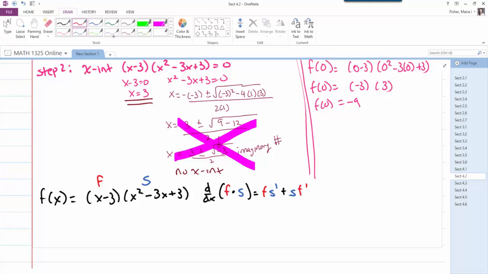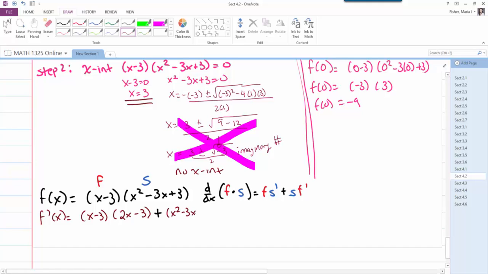So, in our case, f prime of x is going to equal the first times the derivative of the second. Well, the derivative of the second, x squared minus 3x plus 3, is 2x minus 3, plus the second, which is my x squared minus 3x plus 3, times the derivative of the first. Well, the derivative of x minus 3 is just 1.